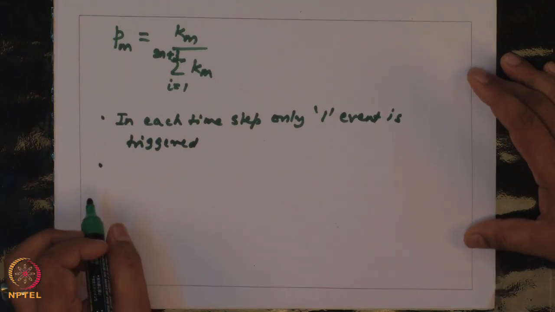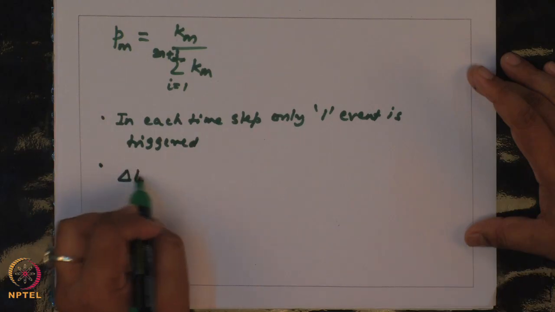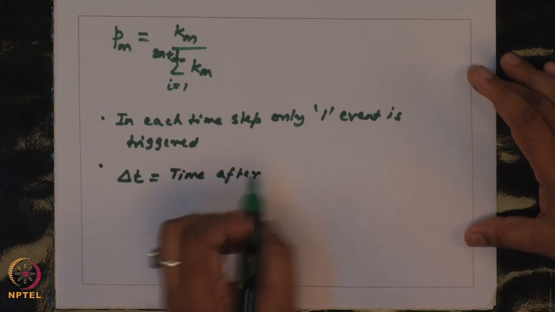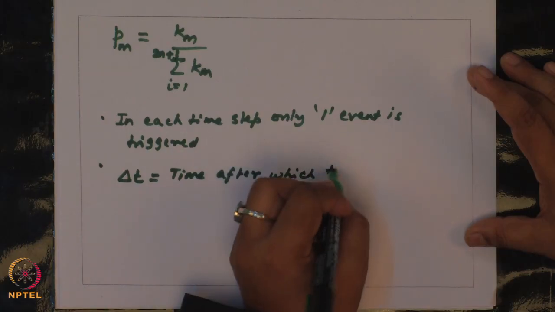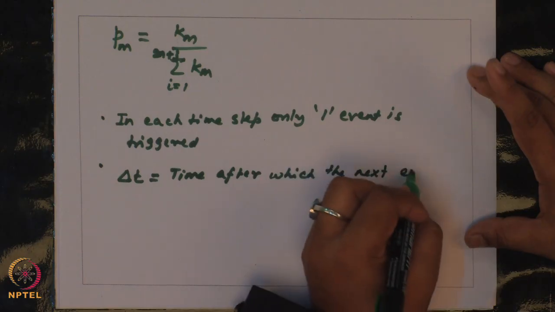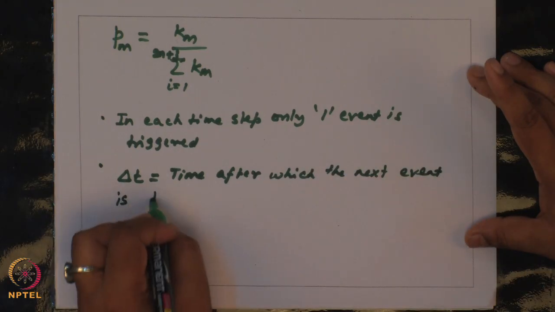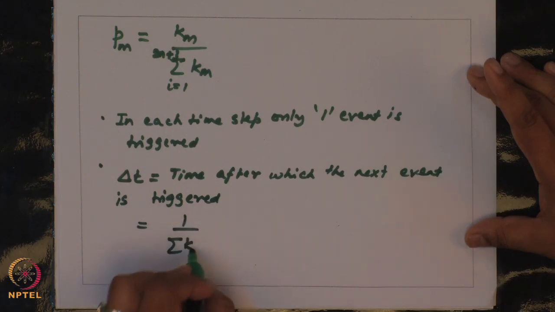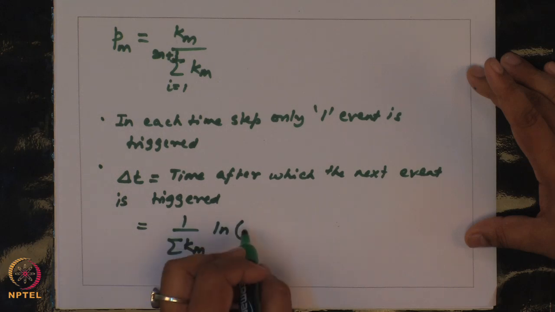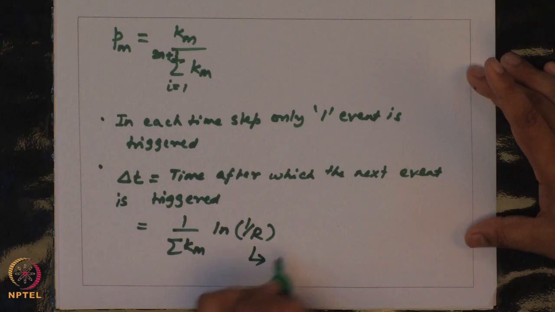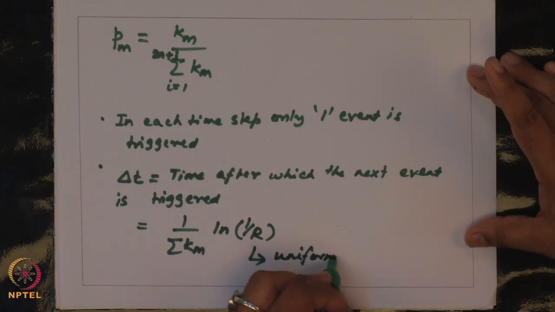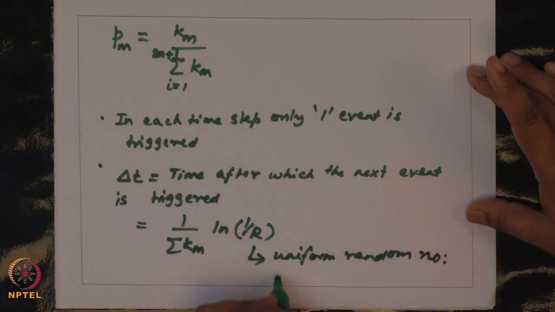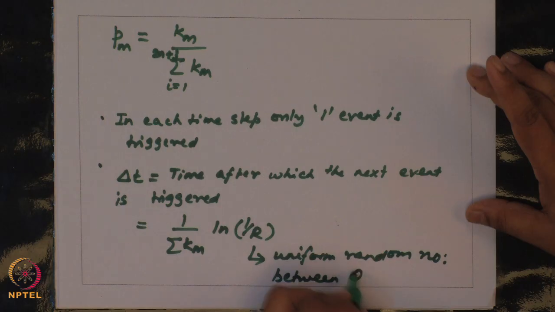The time after which the next event is triggered, delta t, is given by 1 over the summation of all rates, times log of 1 by r, where r is a uniform random number between 0 and 1.